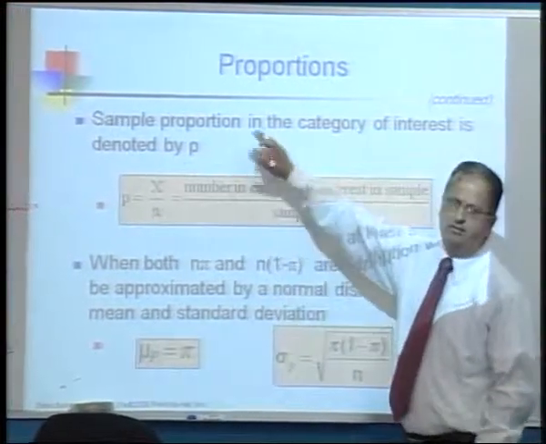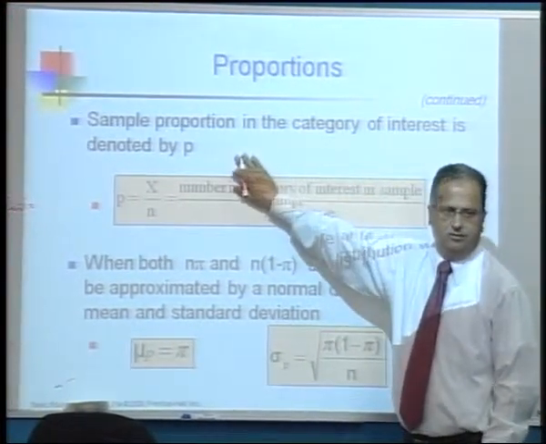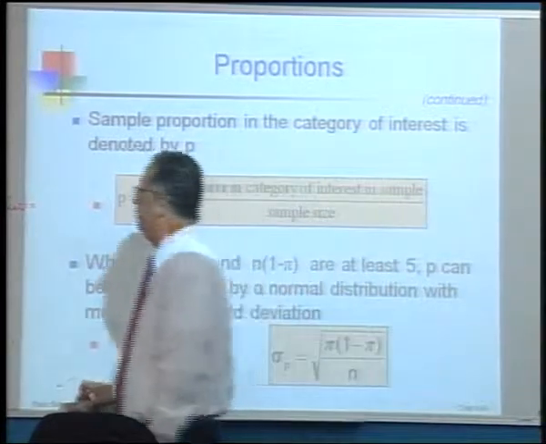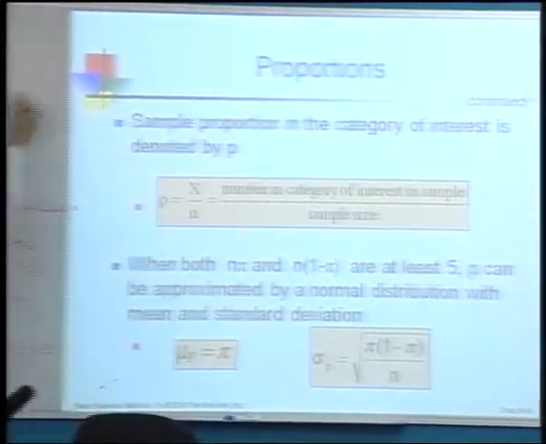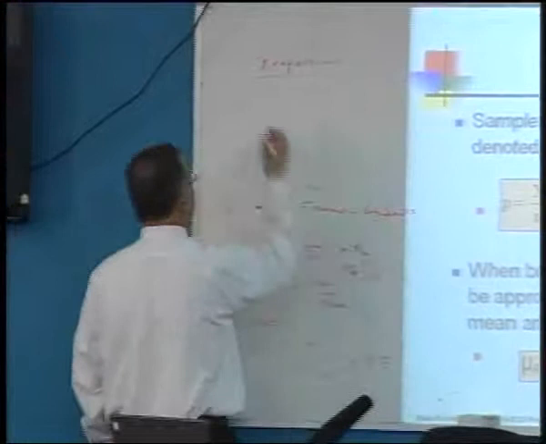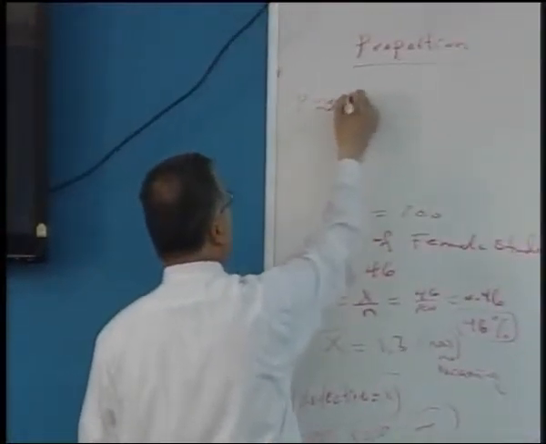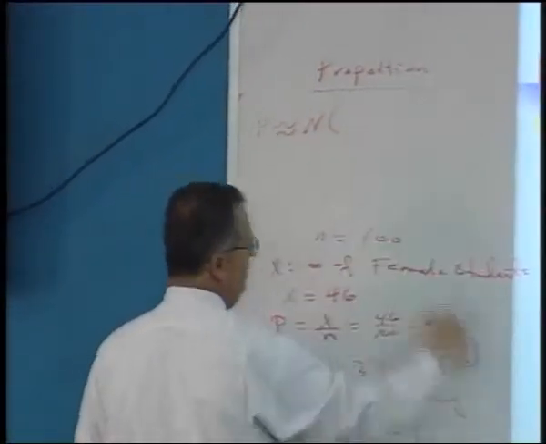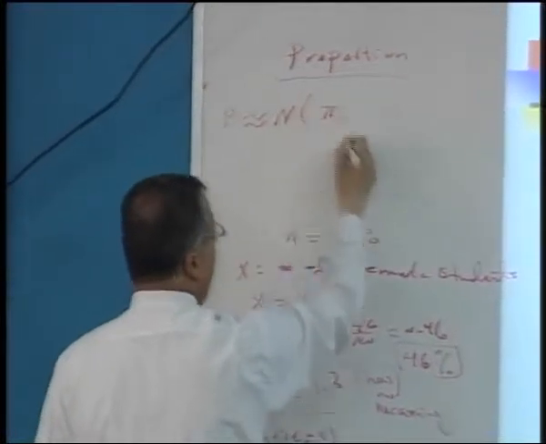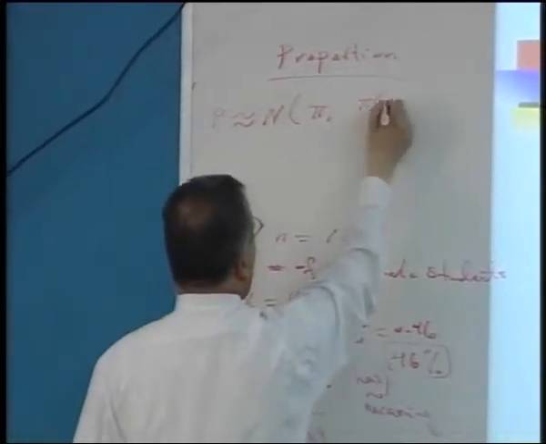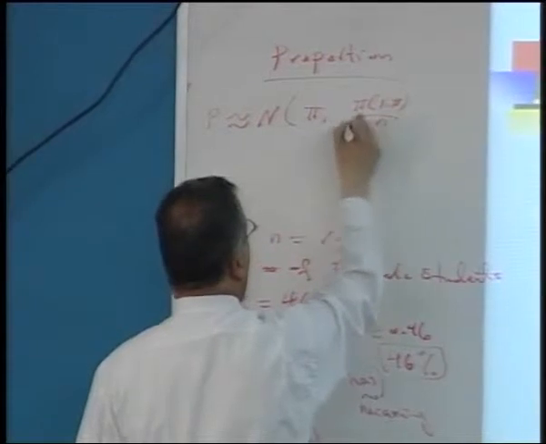So actually this slide is repeated. So again, your P value, your proportion, is approximately normally distributed with mean equal to pi and sigma equal to the square root of pi times 1 minus pi divided by n.